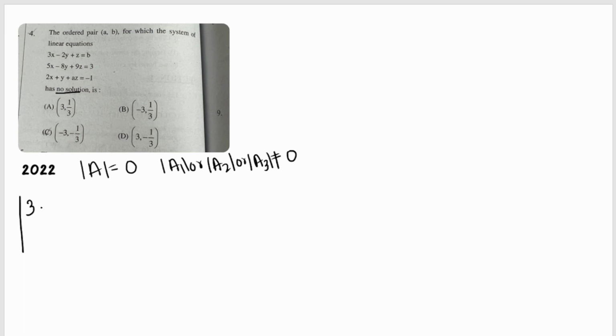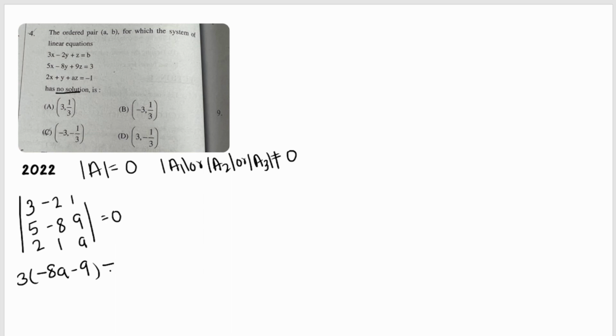It is 3, 5, 2, minus 2, minus 8, 1, 1, 9, 8. We have 3 into minus 8a minus 9.